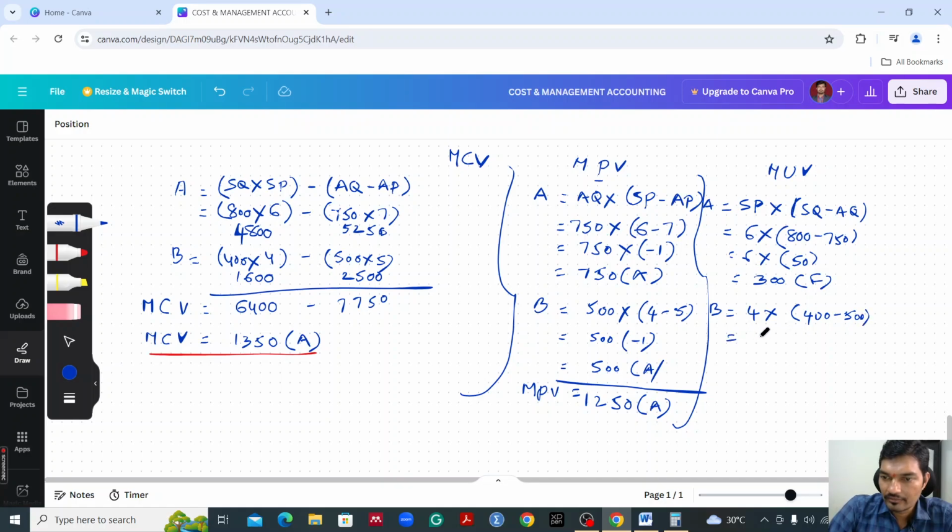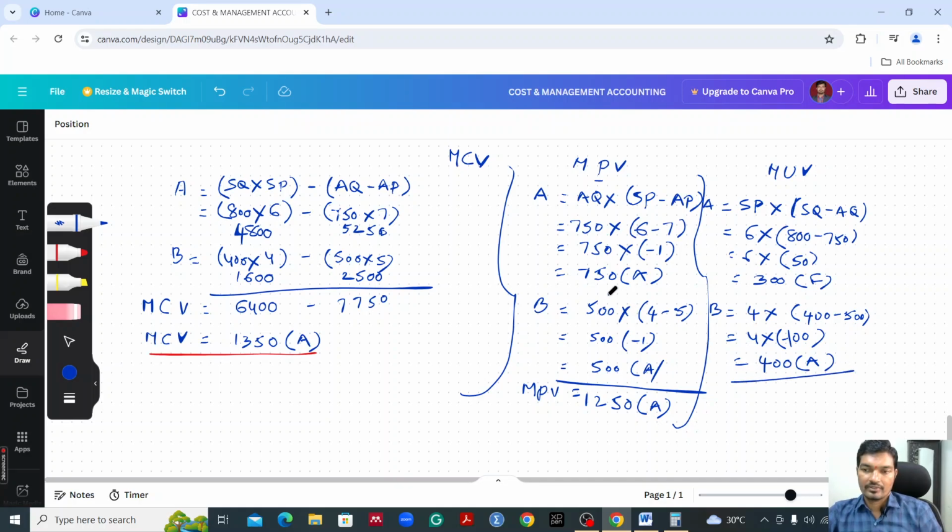So here we got 400 minus 500, we are getting a negative value of 100. So the answer is 400 in adverse. If you total it, 300 is a favorable value, 400 is a negative value. The answer is here. MUV is 100 in adverse.